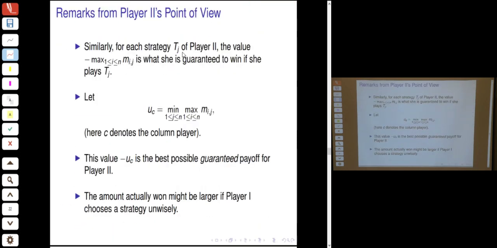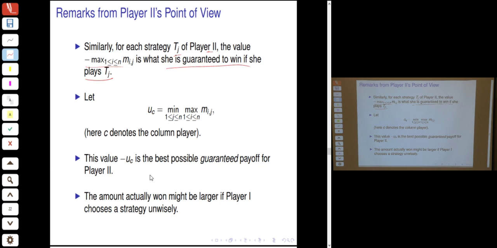So from player 2's point of view, for each fixed strategy Tj of player 2, the minimum guaranteed payoff is minus the maximum of Mij, where you take the maximum in the variable i. This is the minimum payoff that she is guaranteed to win if she plays Tj.